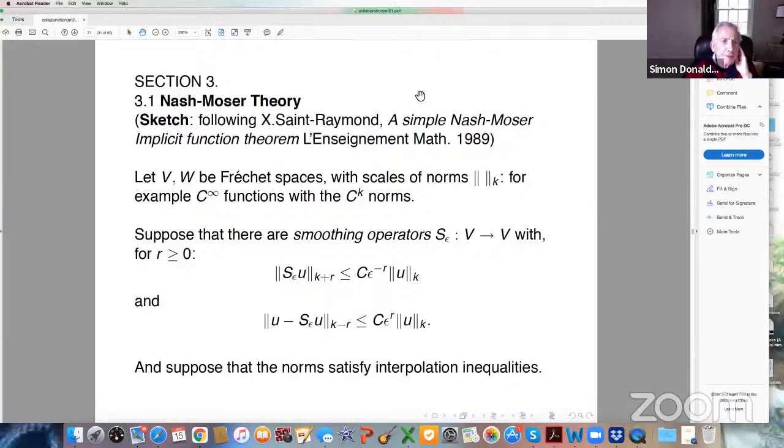So this is a sketch following this helpful paper of Saint-Raymond, which gives a simple version of the main Nash-Moser theorem.